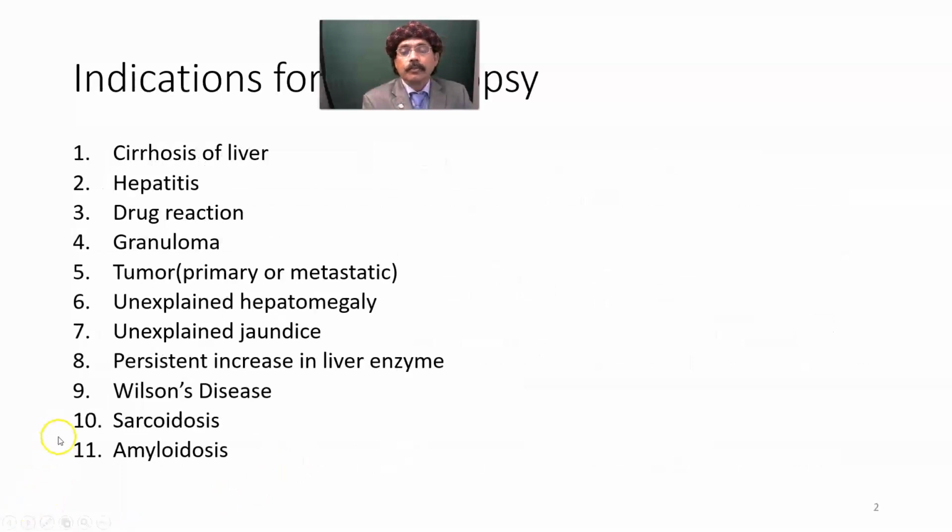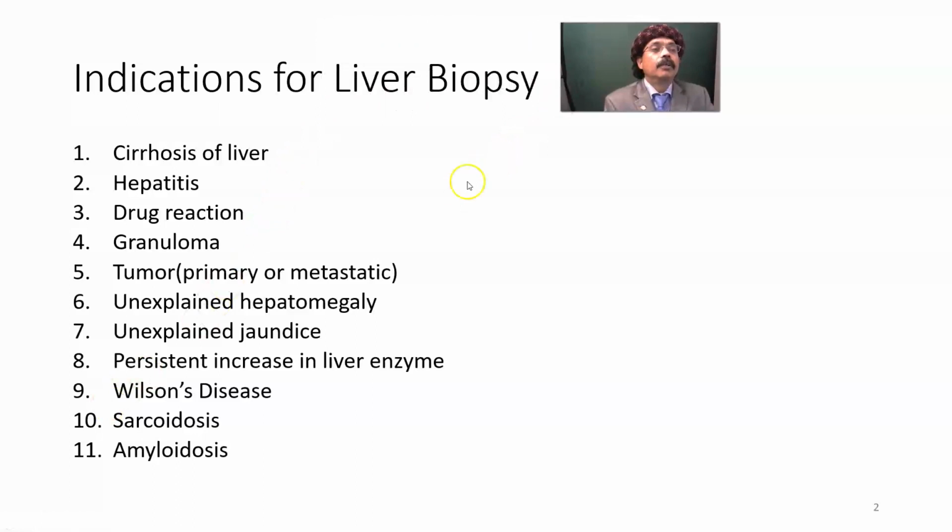Here we will go to the indications for liver biopsy. There are many indications. Cirrhosis of the liver: there is excessive fibrous tissue formation, the architecture of the liver is lost, and hepatocytes are lost. Hepatitis: different types of hepatitis are diagnosed by liver biopsy.